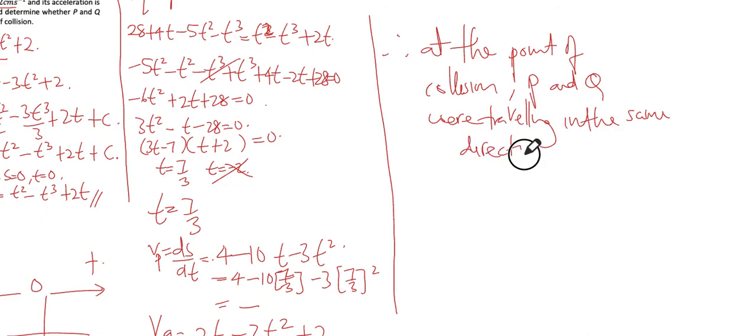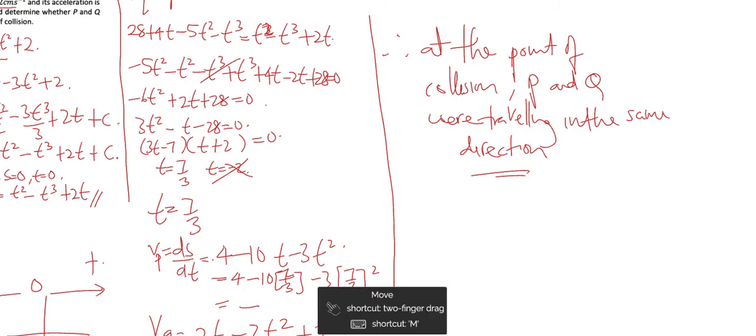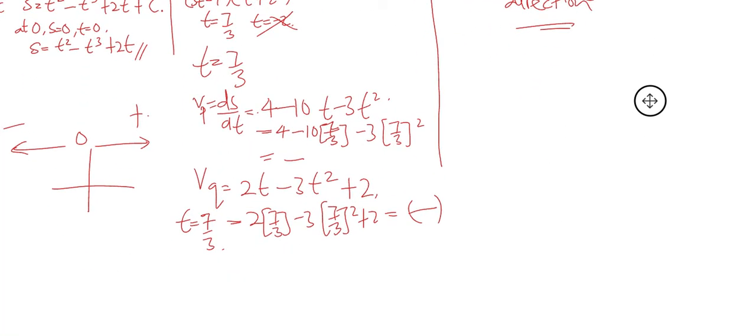It doesn't matter which direction they go, but they were traveling in the same direction. Whether it's forward or backward doesn't matter. Negative just indicates that they are in the same direction.